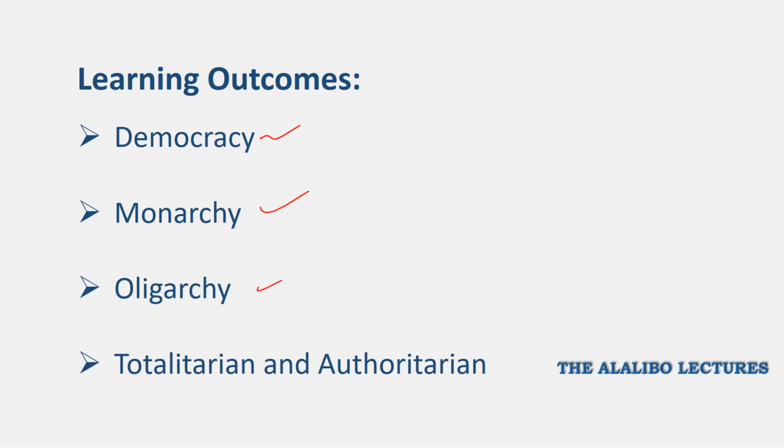We're also going to take a look at oligarchy, which is a very interesting type of government as well, and see how it interfaces with the people. And finally, we're going to take a look at the totalitarian and authoritarian forms of government and have a better understanding of how they impact their citizens. All right, let's take a closer look.